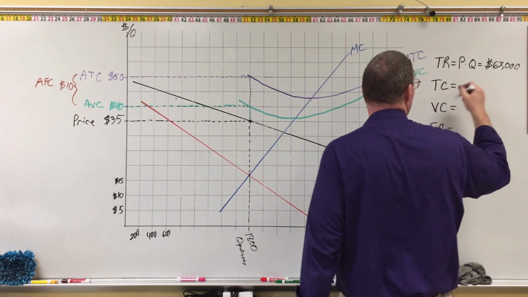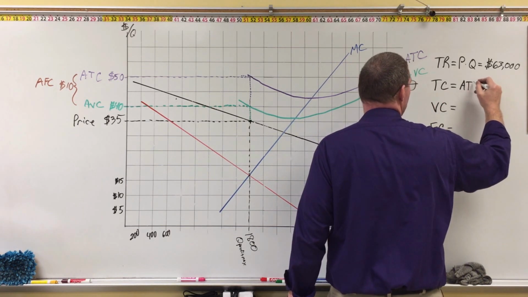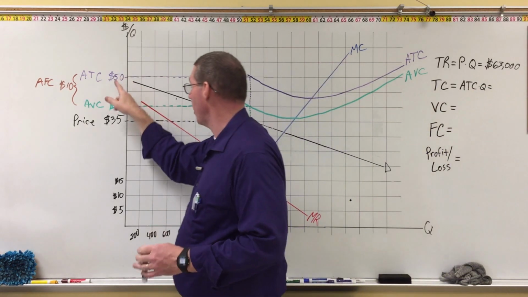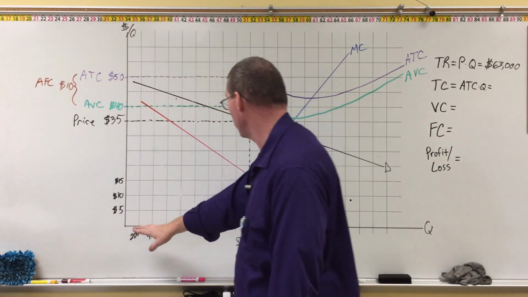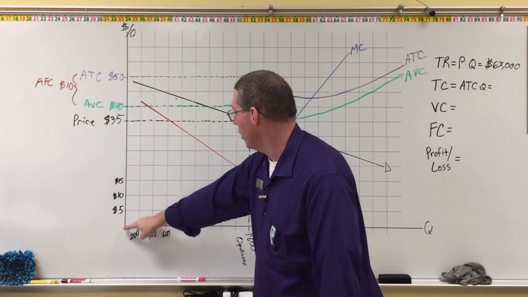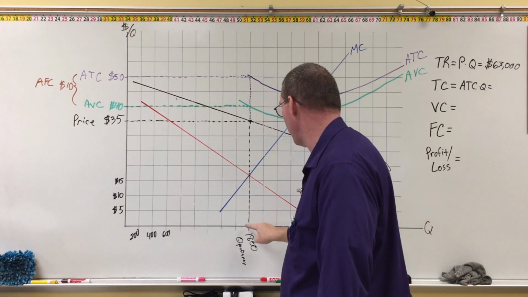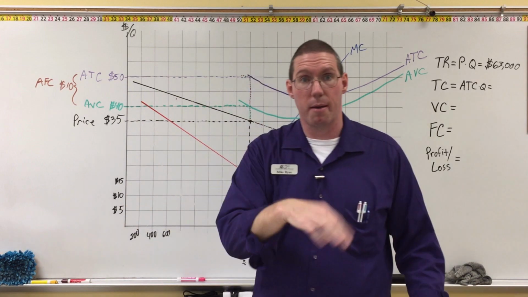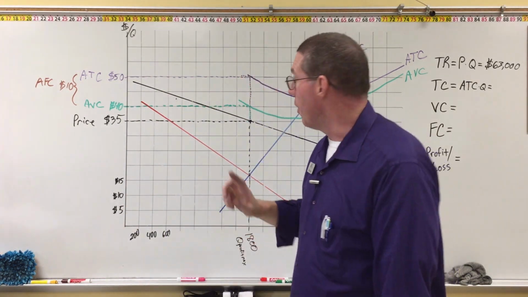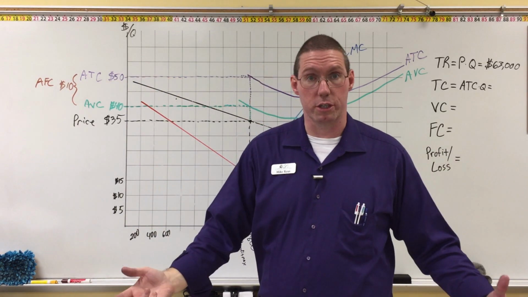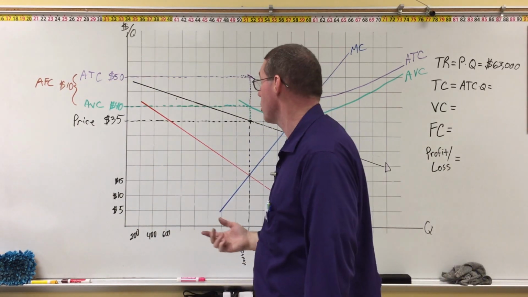Now, let's calculate the total cost. Remember that the formula for total cost is average total cost times quantity. And so average total cost way up here is $50. What I want you to see here is here's the rectangle. It goes all the way up here, then all the way over here, and then all the way down here. Now, just like the last example that we just did, the total cost rectangle is the largest of all of the rectangles. It's the whole thing.